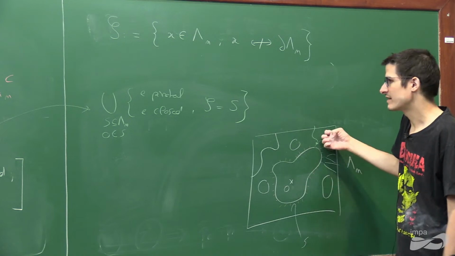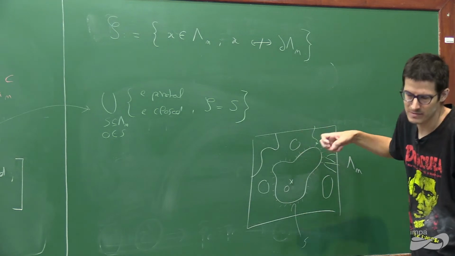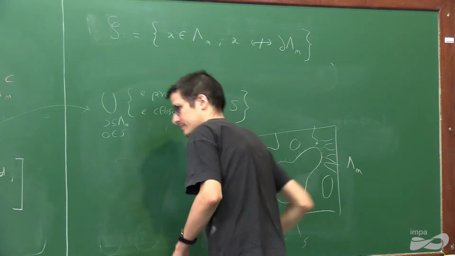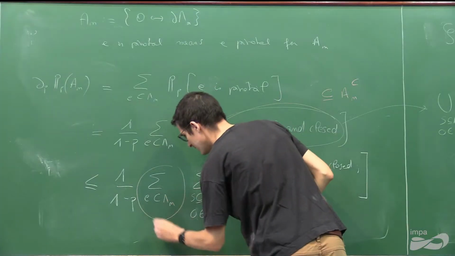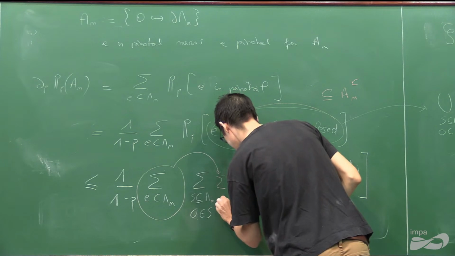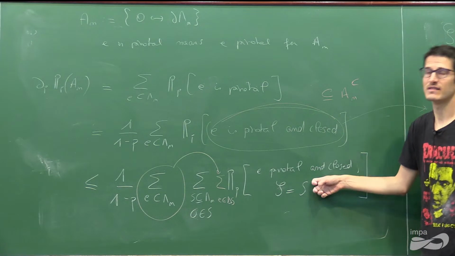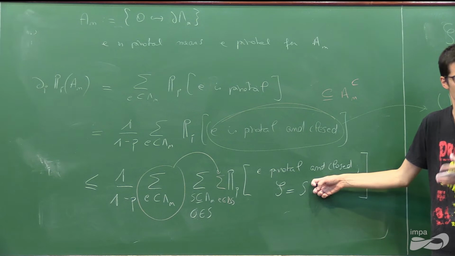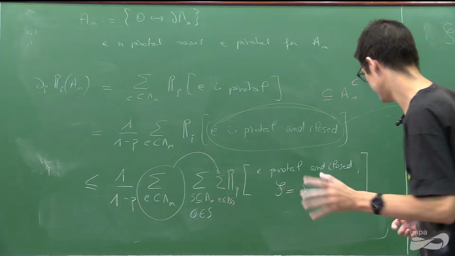And also, if I open an edge which is with both ends outside of S, it's not going to make a difference either. So this sum here I can somehow make it a sum over E in delta S. Okay, just because this event has probability 0, if E is not in delta S, because it's an empty event.